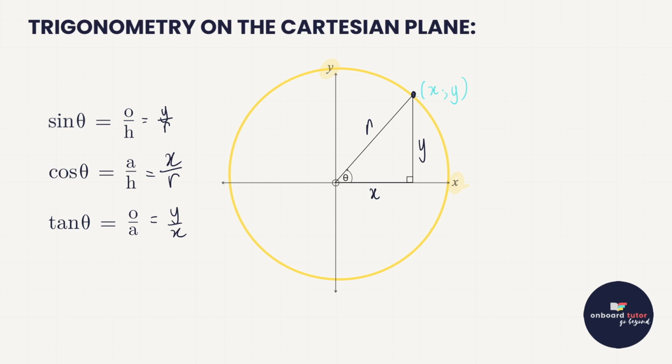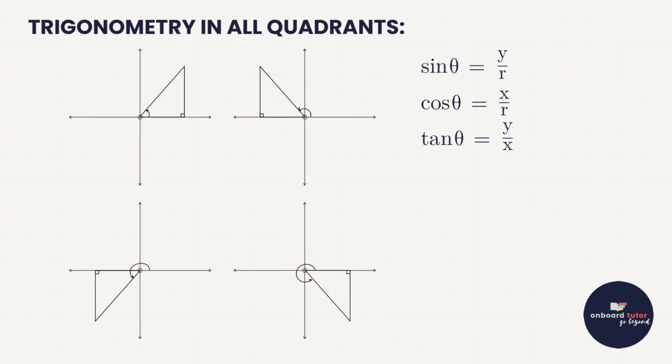Let's have a look at what happens when we start putting this triangle in some of our other quadrants. So here we have it. We've got this triangle here in quadrant 1, this triangle here in quadrant 2, quadrant 3, and quadrant 4. Have a look, each time the reference angle is actually coming all the way from the 0-degree line. Now you don't need to let that stress you out too much.